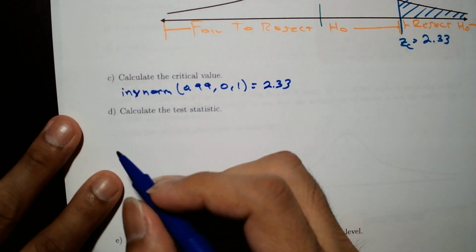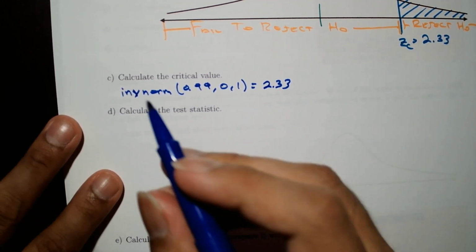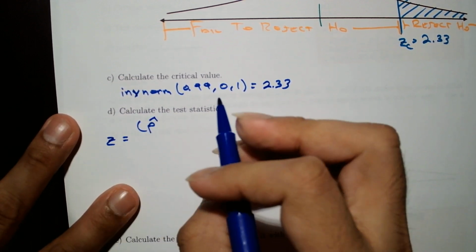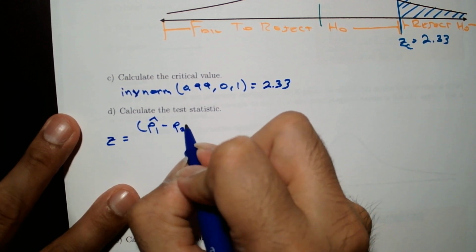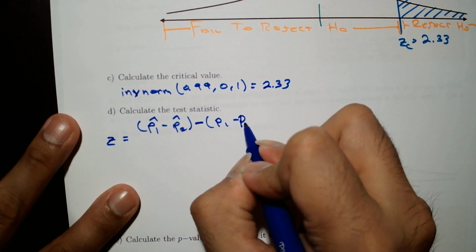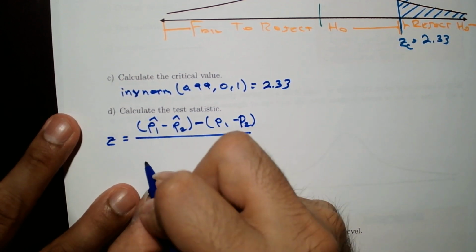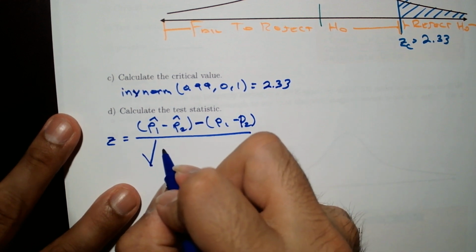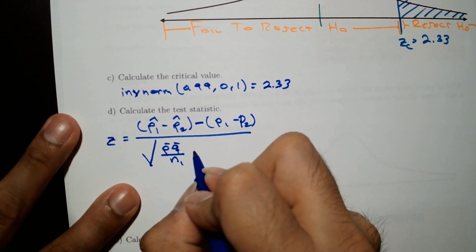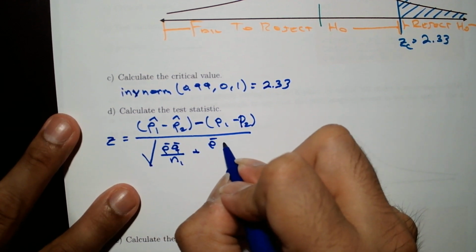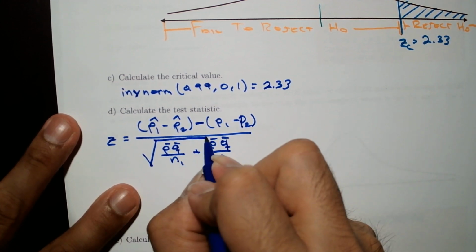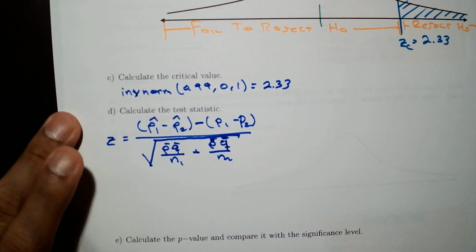Z is p1 hat minus p2 hat minus (P1 minus P2), divided by the square root of p bar q bar divided by n1 plus p bar q bar divided by n2. That's a bar, that's another bar.